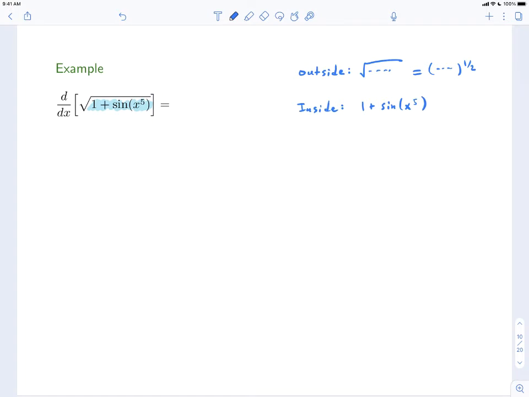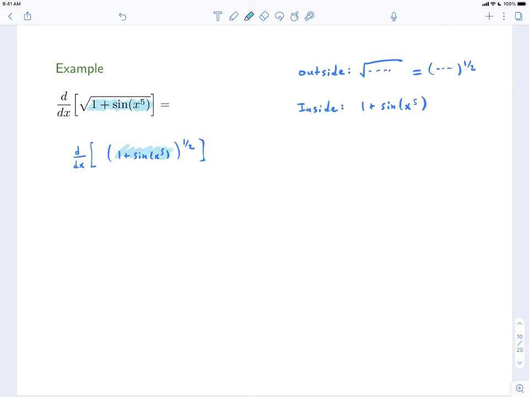So if we want to compute this derivative, we just go about doing it the same way as before. So I'm just going to write the outside function as something to the 1/2. So this is going to be equal to 1 plus sine x to the 5, and that quantity is raised to the 1/2 power. So my inside function is all of that right there.